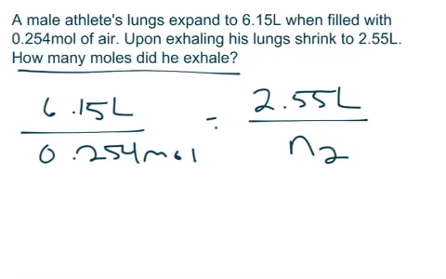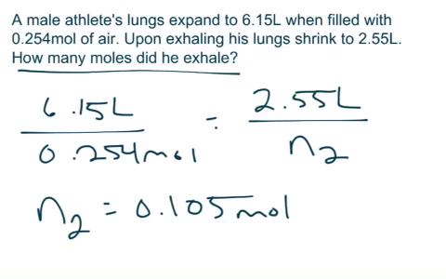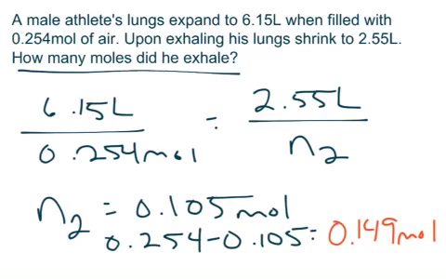So we're going to cross multiply and divide for N2. After exhaling, he has 0.105 moles left in his lungs. The question asked how much did he exhale? So our final step is to take 2.54 minus 0.105 to get our final answer, which is that he exhaled 0.149 moles.